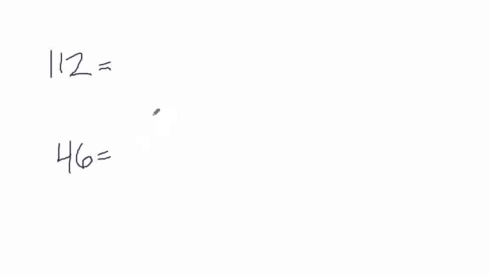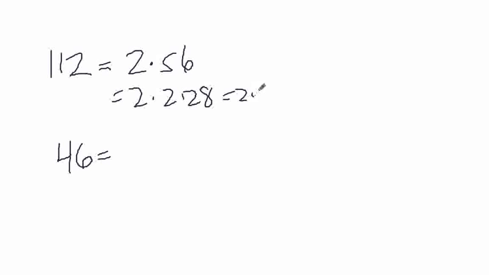So let's see what the prime factorization is for 112. That's 2 times 56, which is 2 times 28, which is 2 times 2 times 4 times 7. So therefore the prime factorization is 2 to the 4 times 7.